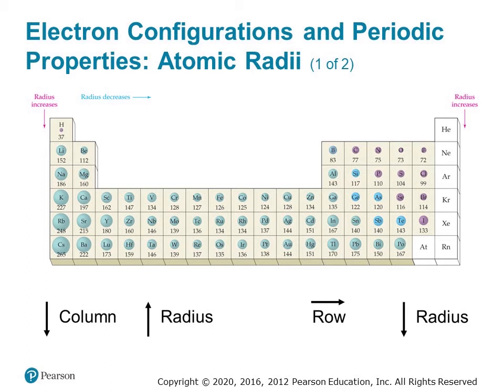As you go down any column, the number of electrons increases as the atomic number increases, and the outermost electrons belong to subshells with higher principal quantum numbers. As a result, the outermost electrons are further from the nucleus on average, and hence the atom itself is effectively larger. Because atoms have spherical electron clouds overall, we use atomic radius as a proxy for atomic size generally.